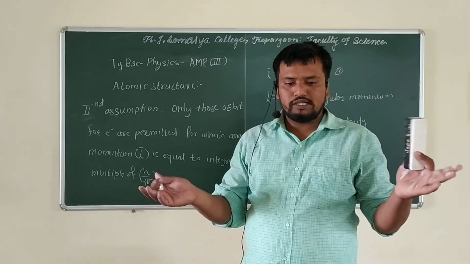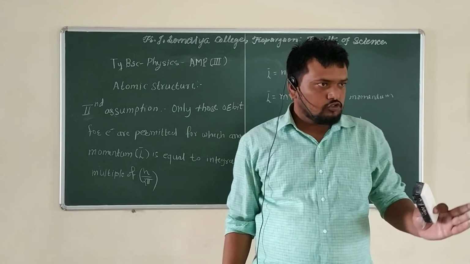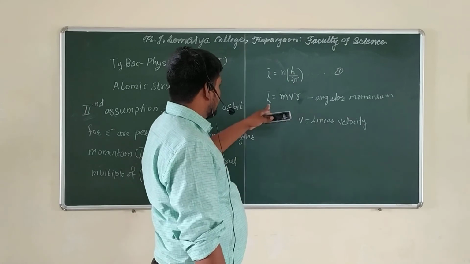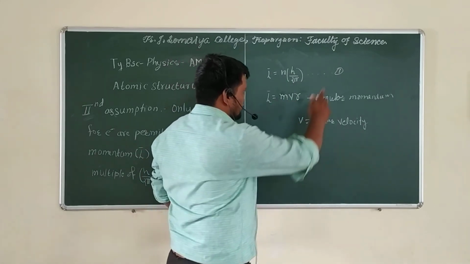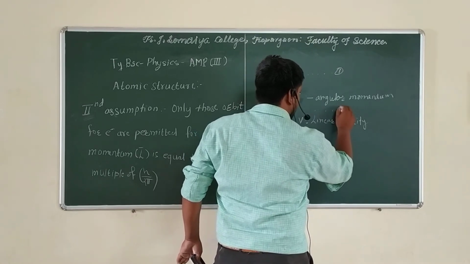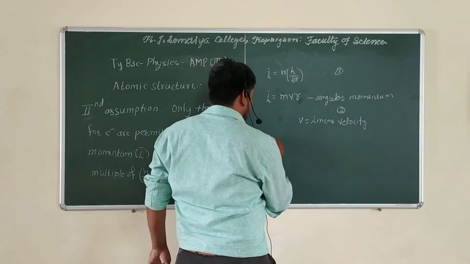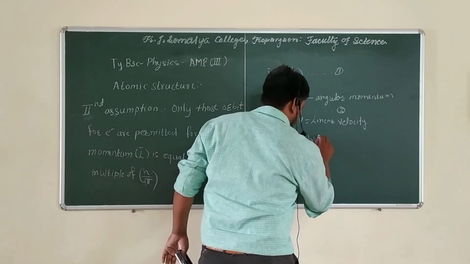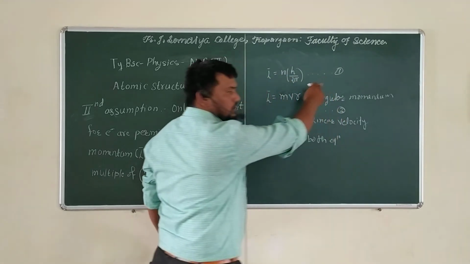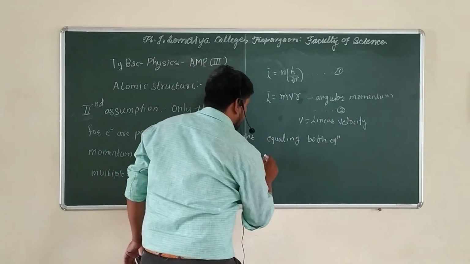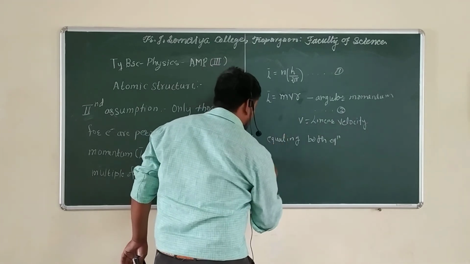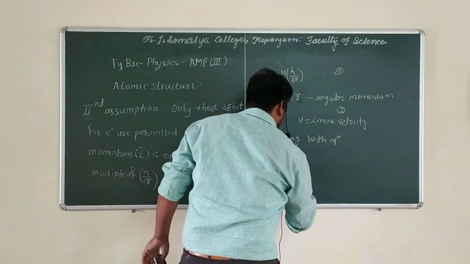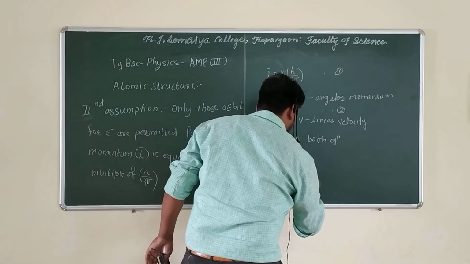We want to equate both equations. L bar is equal to n into h upon 2 pi, and L bar is equal to mvr. This is equation number one, and this is equation number two. Equating both, m into v into r is equal to n into h upon 2 pi.